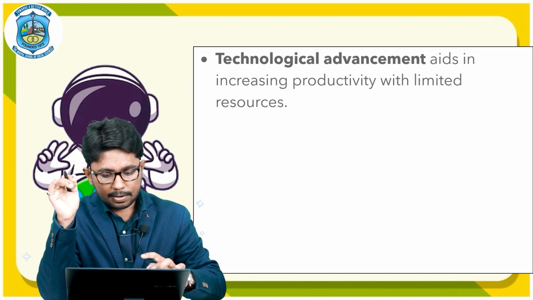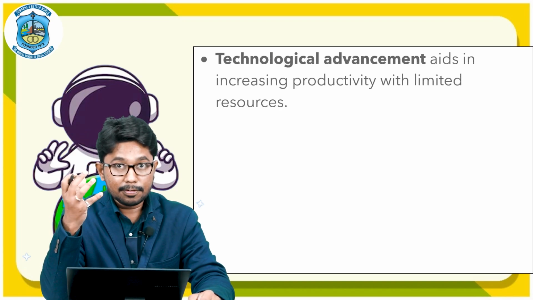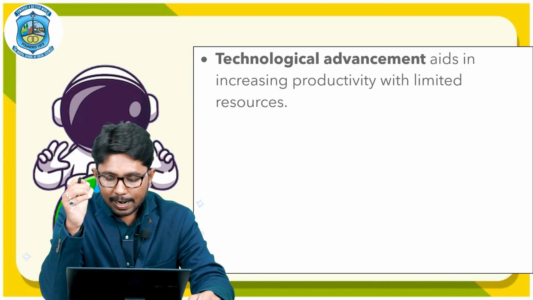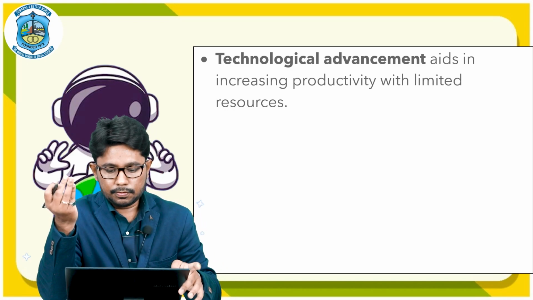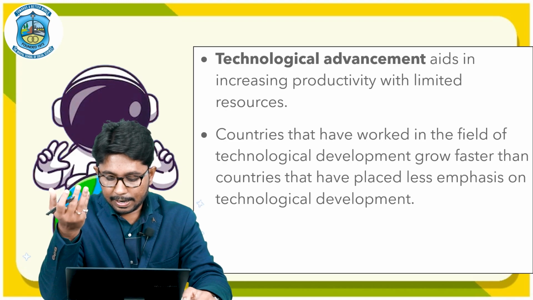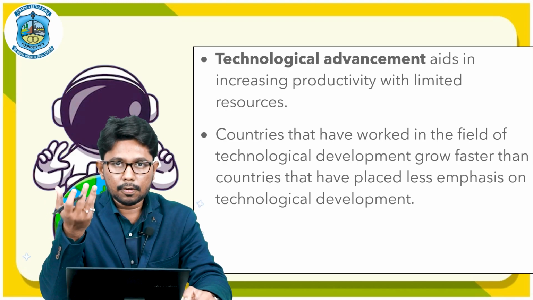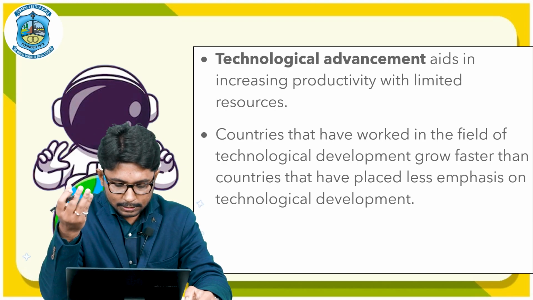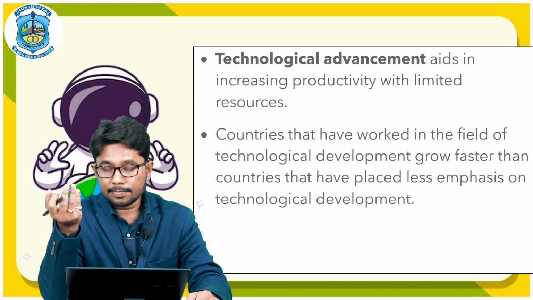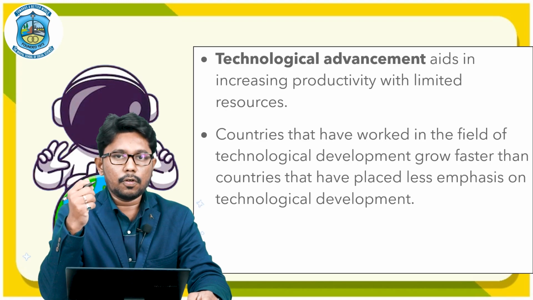Now, the third point is technological advancement. Technological advancement aids in increasing productivity with limited resources, and countries that have worked in the field of technology wisely develop and grow faster than countries that have placed less emphasis on technological development.